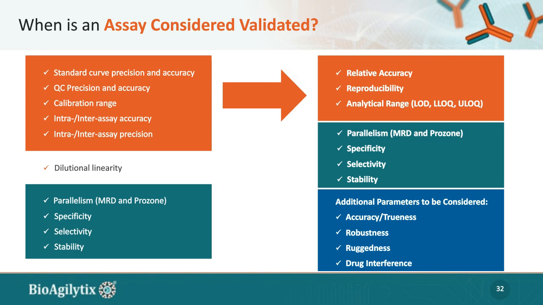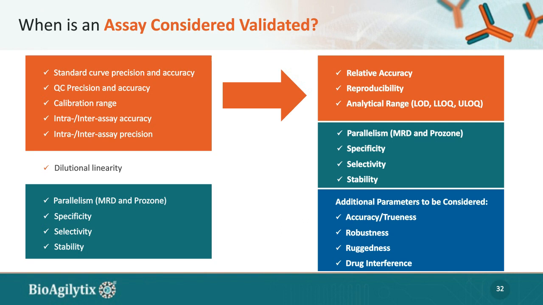The standard precision and accuracy, QC precision and accuracy, calibration range, intra- and inter-assay precision and accuracy, parallelism, specificity, selectivity, stability, and so on. The reason I scratched dilutional linearity is because I want to make a point here, and I want to go back to the concept of parallelism.